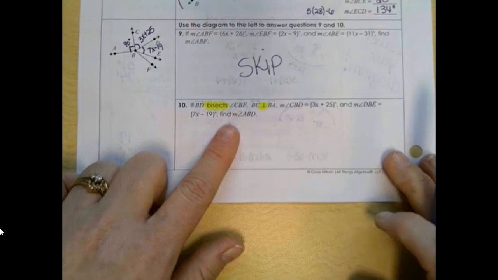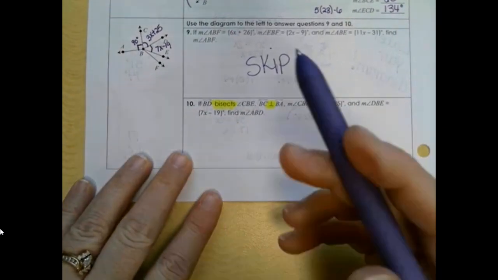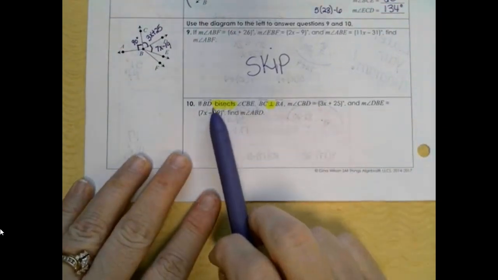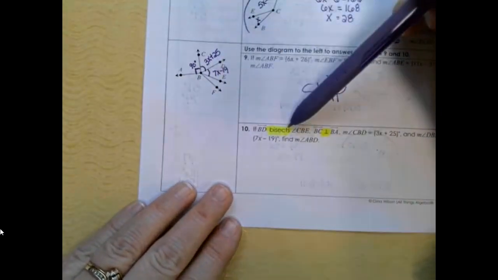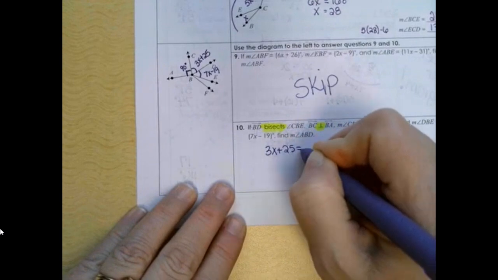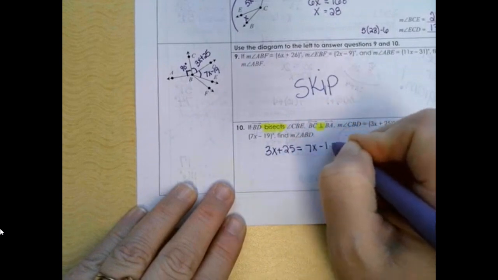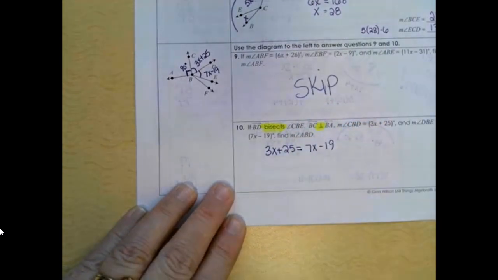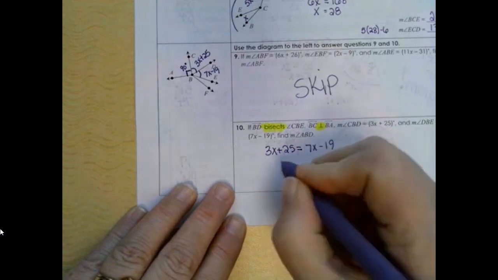So this is not difficult at all. All right, so first of all, because I had bisect, I have two angles that are equal. I'm going to set these two equal, just like we did on the other worksheet. This is the only time, because it said bisect, that we're going to set those equal. So let's put 3x plus 25 equals 7x minus 19. Subtract 3x.